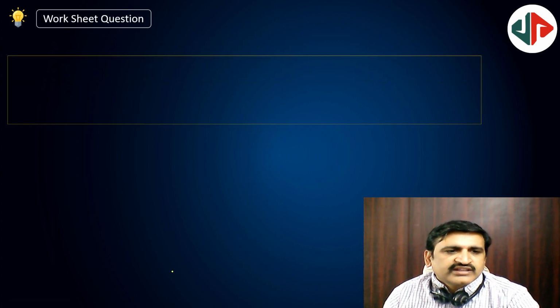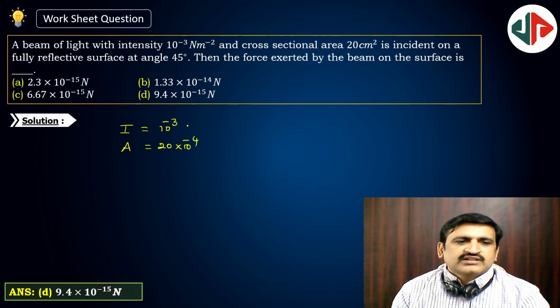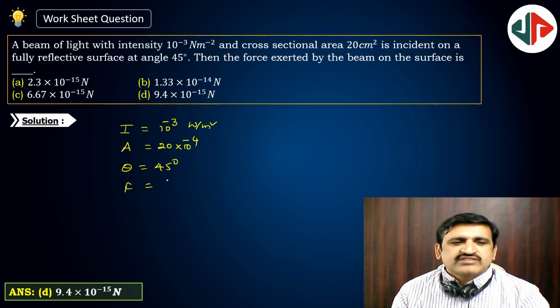Next question. Light of intensity I equal to 10 to the power of minus 3 watt per meter square and cross-section area A equal to 20 into 10 to the power of minus 4 is incident on a fully reflective surface at theta equal to 45. The force exerted is F equal to 2IA by C into cos theta.